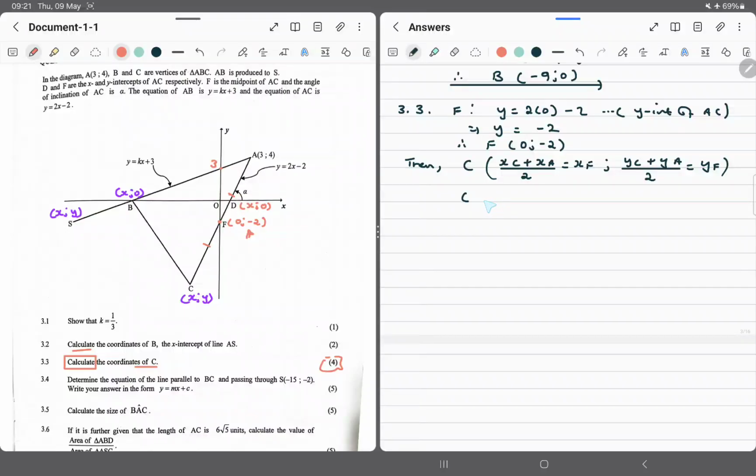Then we substitute: x at C plus 3 over 2 is equal to 0.